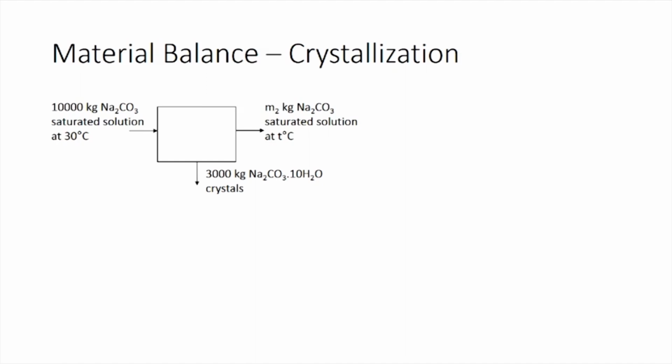For this, we know that the mass of water which is leaving is 5313 and the mass of Na2CO3 which is leaving is 1687. So, these are given as kilograms of Na2CO3 per kilogram of water.